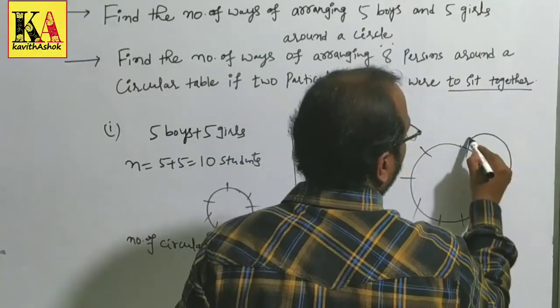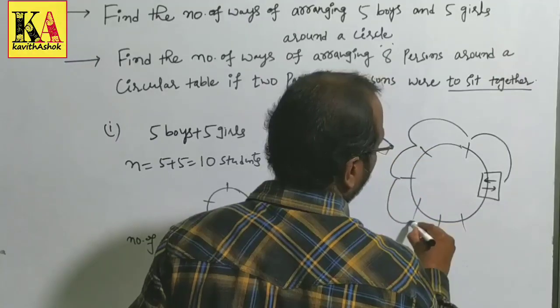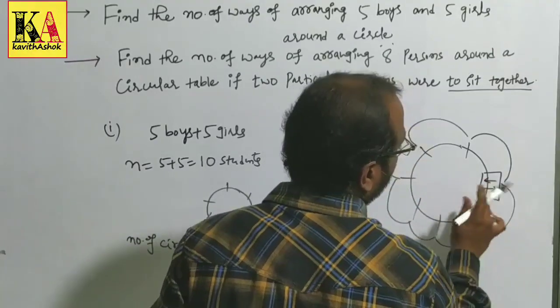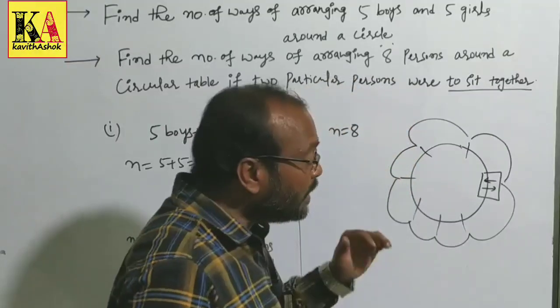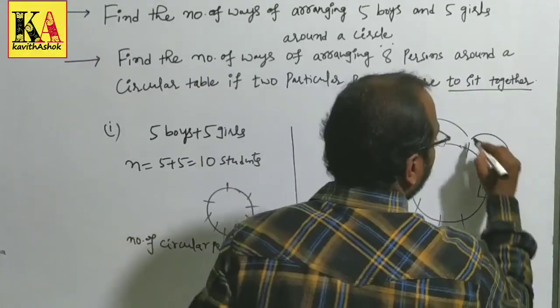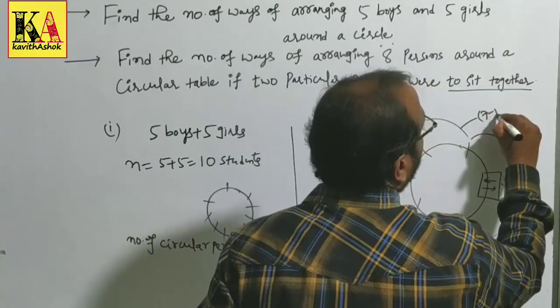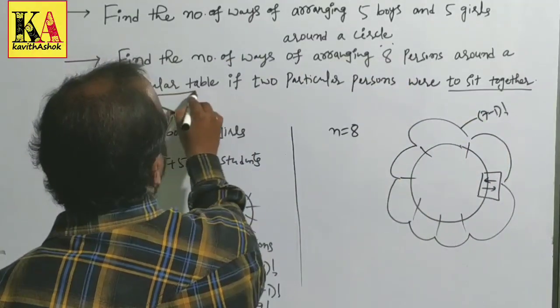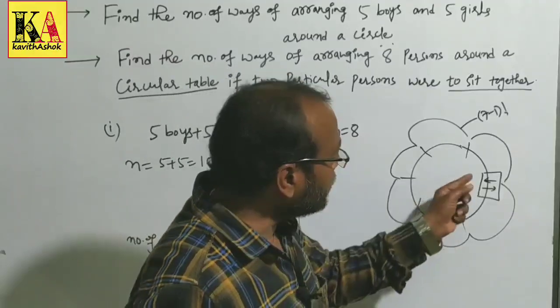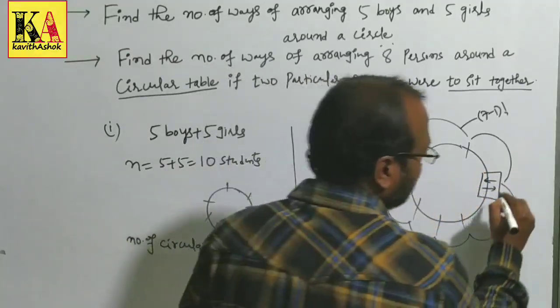So total how many units are there? 1, 2, 3, 4, 5, 6, 7. 7 units. We can arrange 7 units in 7 minus 1 factorial ways, because that is circular permutation.